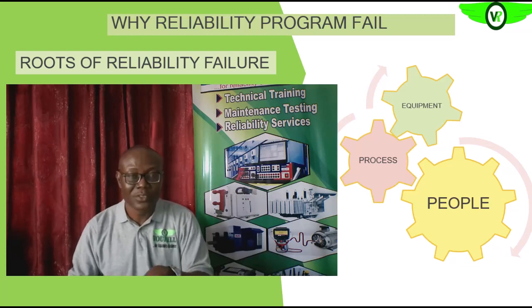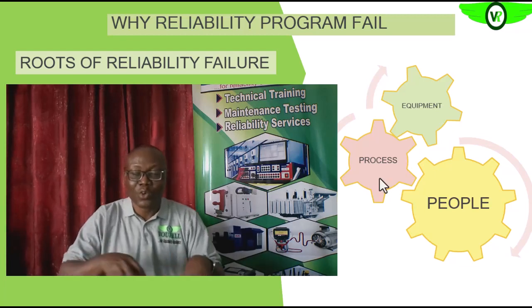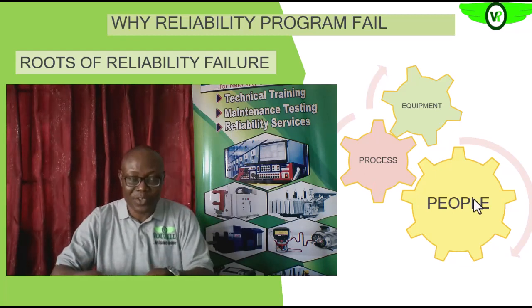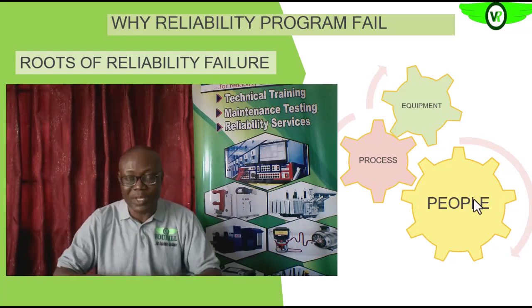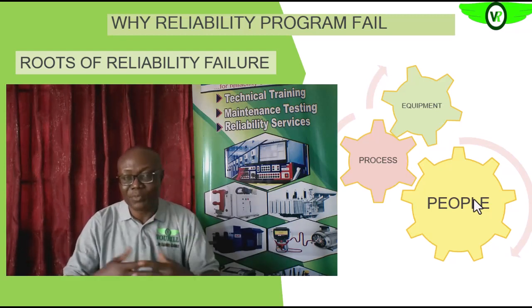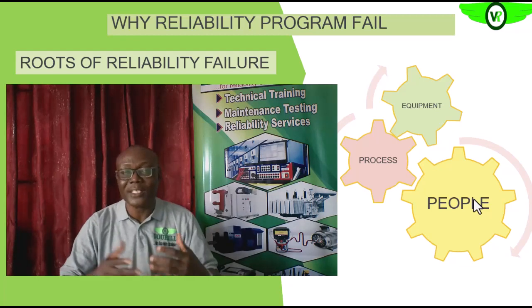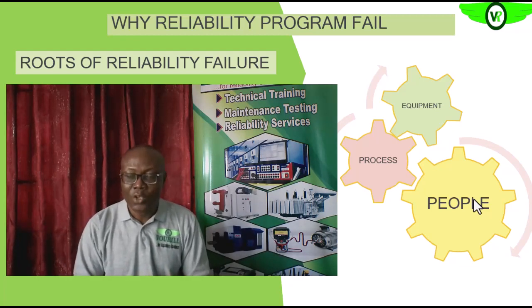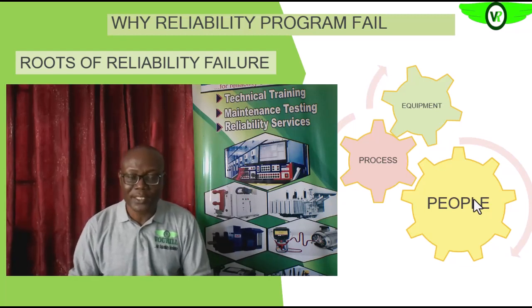And the third, they are those that will operate the process, that will monitor and operate the equipment, go operate the process to give our deliverables at the end of the day.